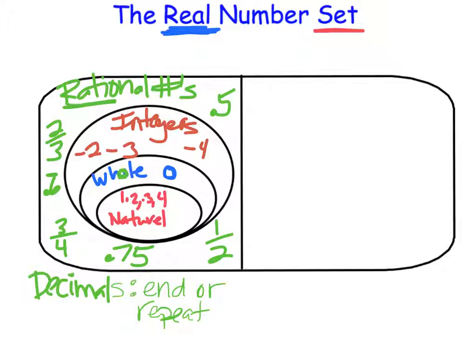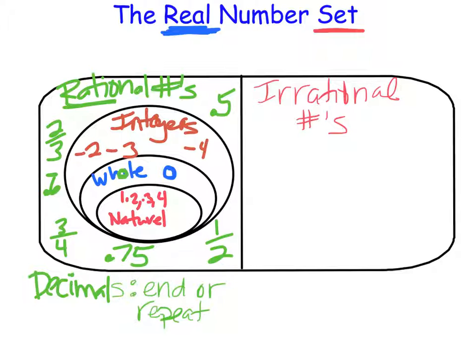Alright, on the right-hand side of this diagram are another set of numbers that have nothing to do with the rational numbers or those sets inside the rational number set. And those are called, well, the opposite of rational, they are called the irrational numbers. And if you're good at English, you know that IRR means not.